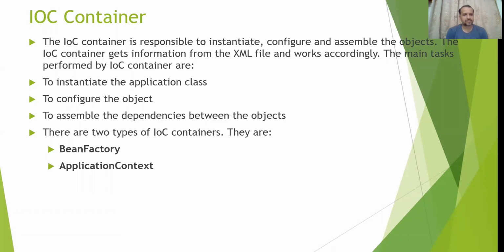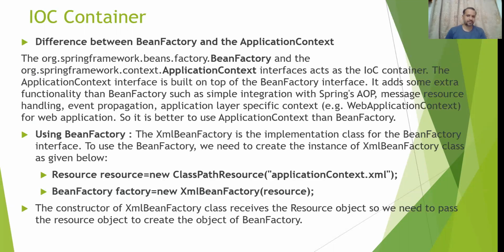Now there are two types of IOC container. The first one is BeanFactory and the other one is ApplicationContext. Means we can create our program with the help of two IOC containers. The first one is BeanFactory, which I have shown you, and the next one is ApplicationContext.